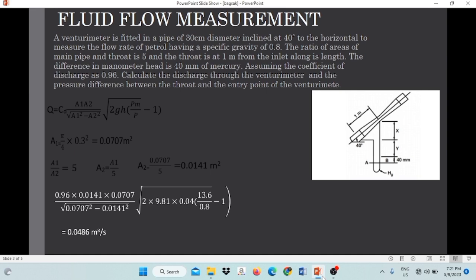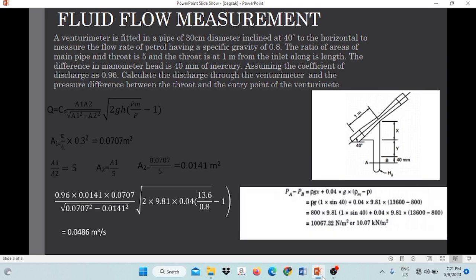Since we already found the discharge, we're going to find the pressure difference between the throat and the entry point of the venturimeter. So the equation for that is P sub A minus P sub B is equal to density times gravity times x plus 0.04 times gravity times density of mercury minus density of petrol.